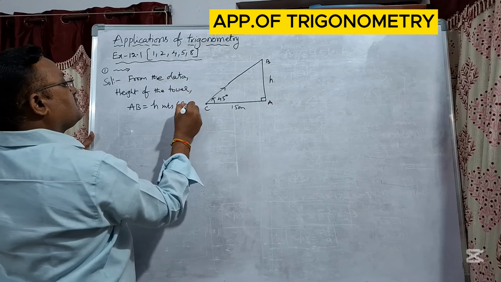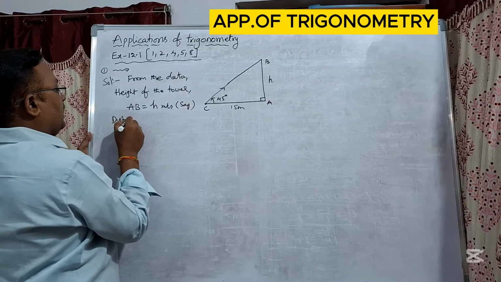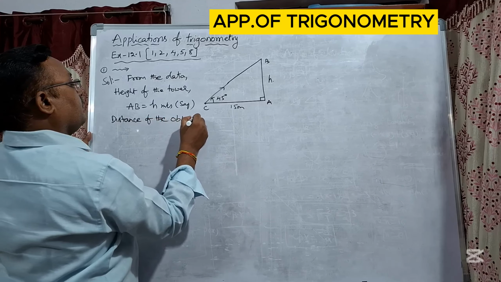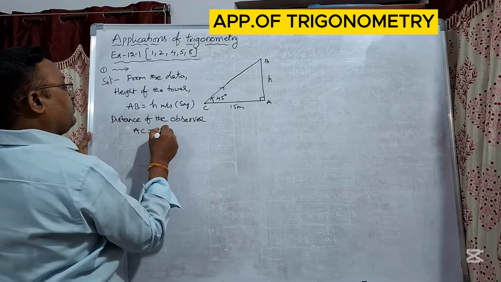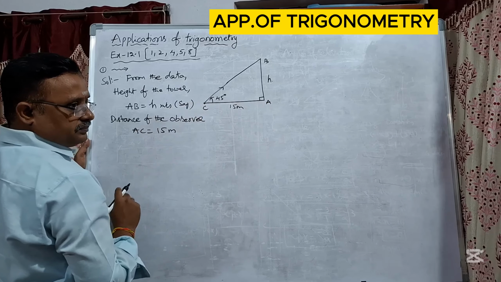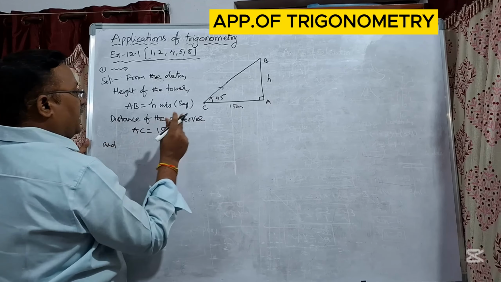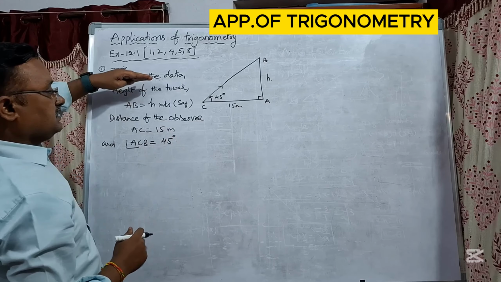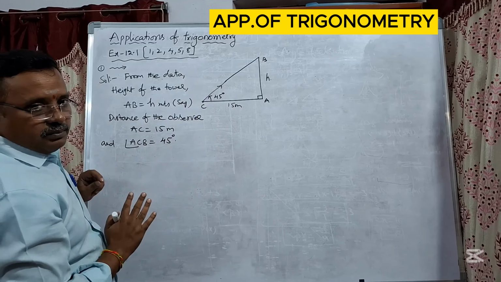We need it, let it be H. Distance of the observer AC is equal to 15 meters. And angle of elevation, that is angle ACB, is equal to 45 degrees. This is the given data. Diagram description, second part completed.